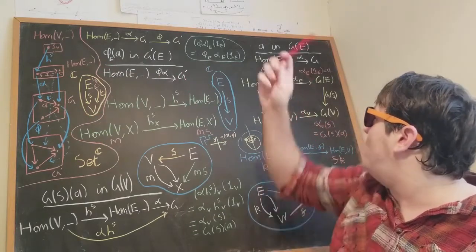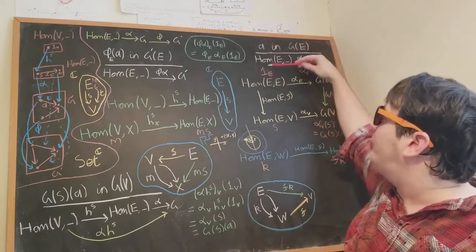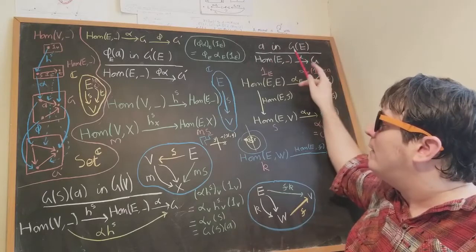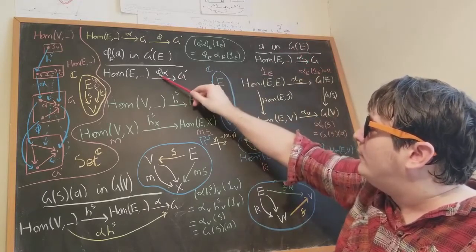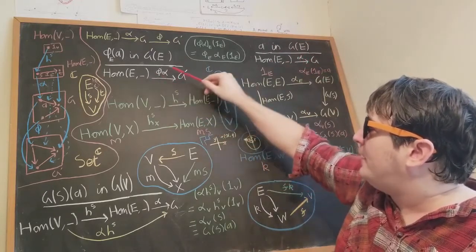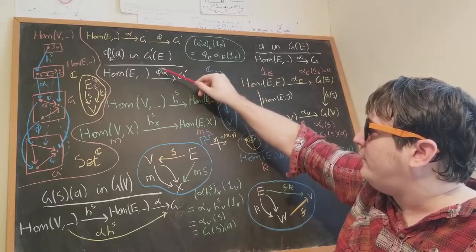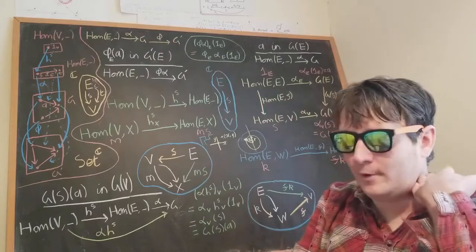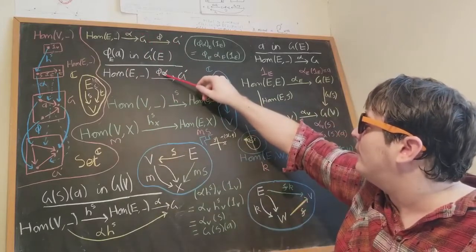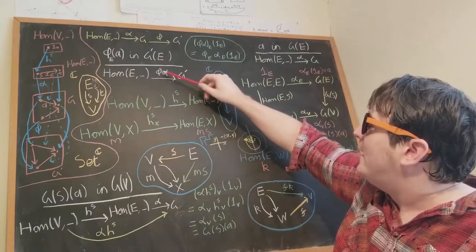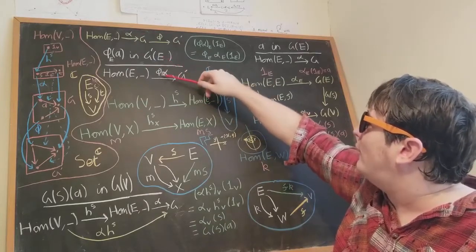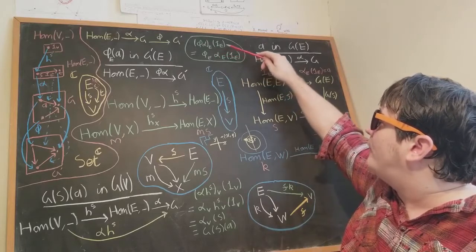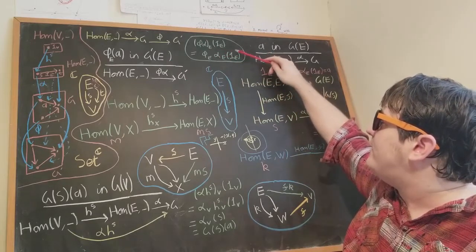Well, we know we have this correspondence between these elements of G of E and these arrows. So here's an arrow from hom(E, blank) to G dash, which is phi after alpha, and let's just see what this corresponds with. We know that the element of G dash of E that this corresponds with is going to be phi of E after alpha of E operating on identity of E.